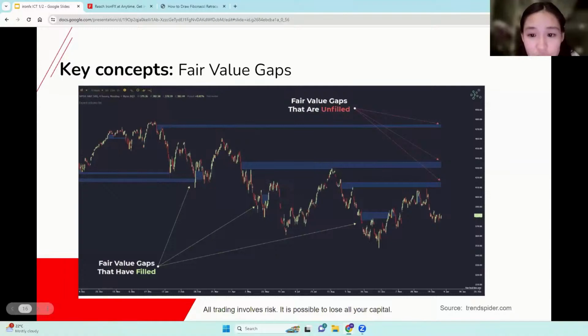So we're not going to take note of those levels. We want to take note of the FVGs that have been filled in order to place your stop losses and take profit levels according to those levels.